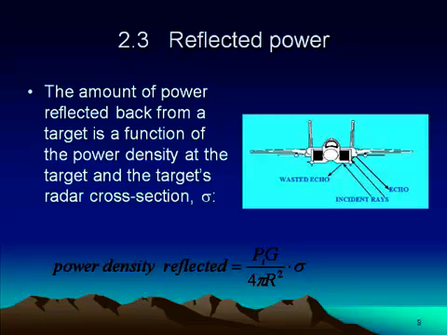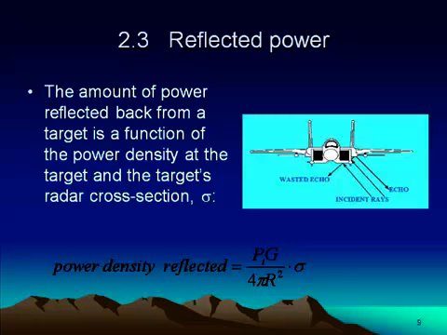So, the power present at the location of the target is going to be Pt into G by 4 pi r square multiplied by sigma, and the units will be watts. Depending on the sigma, you are going to have a good amount of power available on the target.